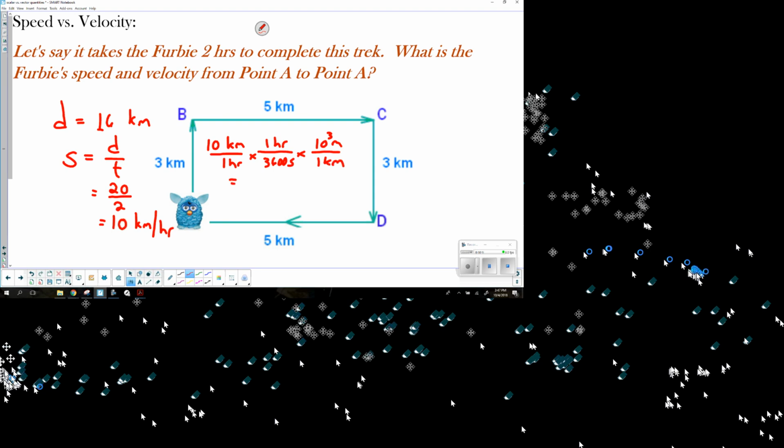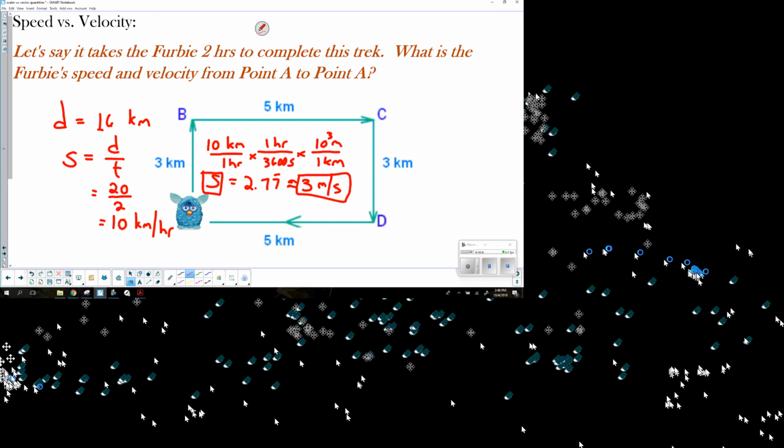And this would turn into 10,000 divided by 3,600, which will get me, before sig figs, 2.77 repeating, after sig figs approximately 3 meters per second. That is going to be my speed, 3 meters per second.